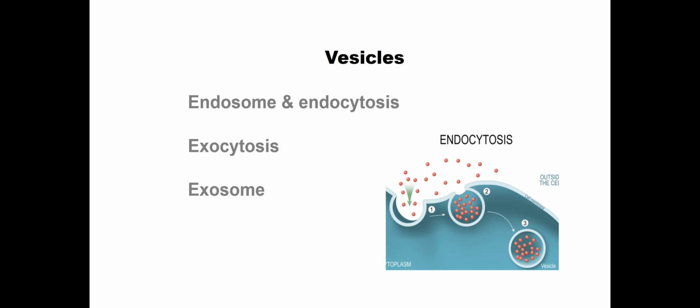Now the question is, this is the endocytosis process. The reverse process is exocytosis. Through exocytosis, can you form an exosome? If this vesicle goes into the plasma membrane and fuses to the plasma membrane like this, can it form the exosome?